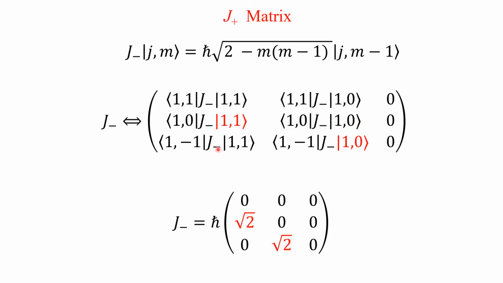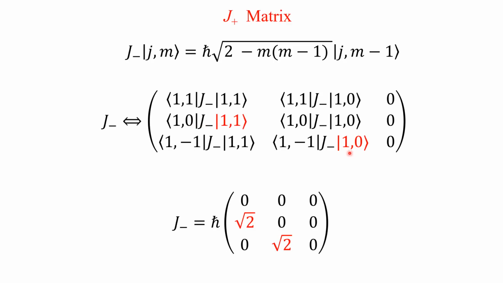Here when the lowering operator acts on this m1, this will become 0. Here 1 minus 1, here 1 0. So this also will go to 0 due to orthonormal property. So the only existing term is this one, which I have shown in red color. When the lowering operator acts on m1, it will become 0. So 1 0 1 0.